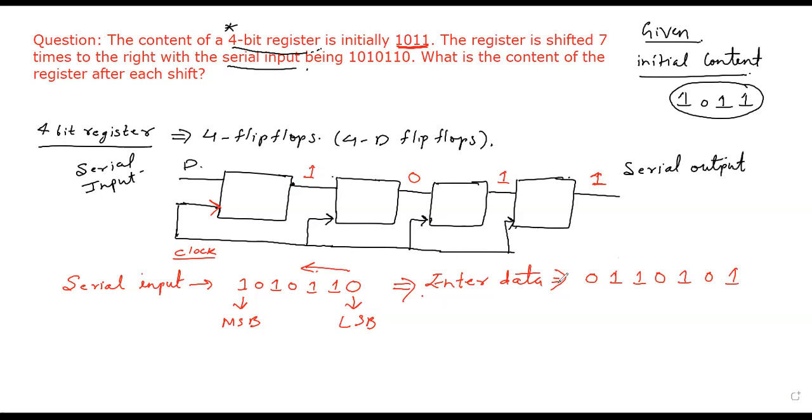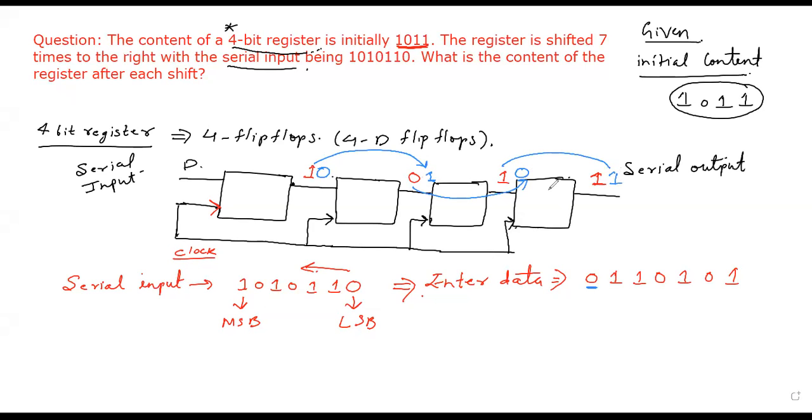The first bit is 0. So what will happen? This 0 will come at this place. I'll change the color. This 0 came over here. This 1 will be shifted to this place. This 0 again will be coming over here, and this 1 will be coming over here.